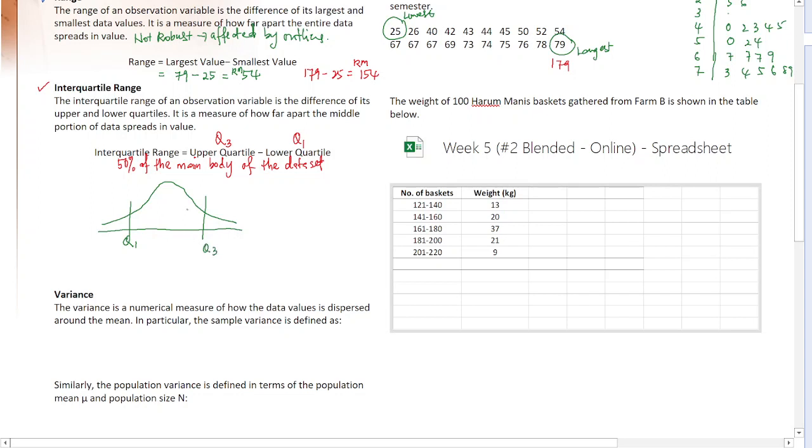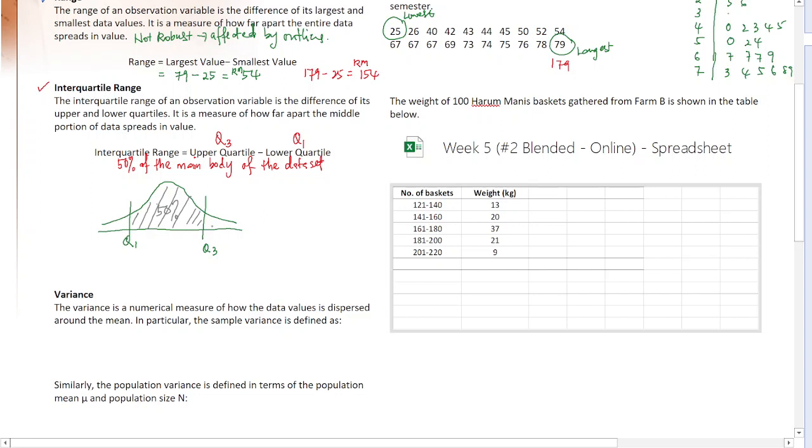Between these two, the middle area here, is the 50% of your data set. So your 50% lies in the middle. That's why we call this the 50% of the main body.